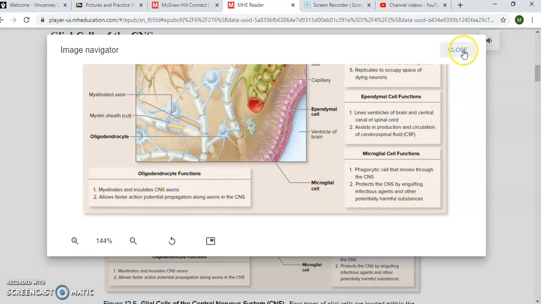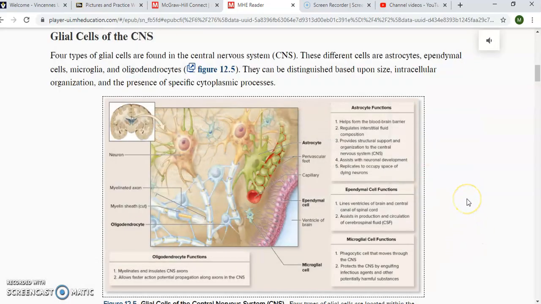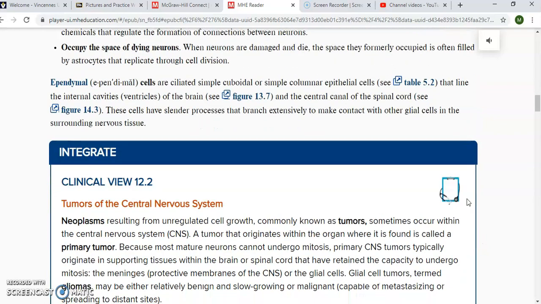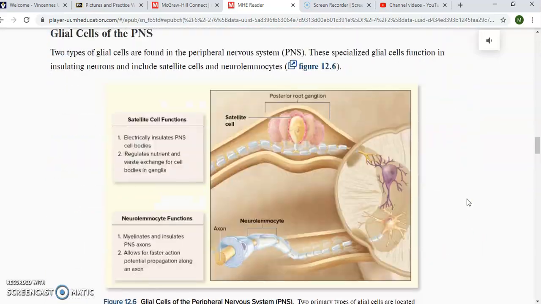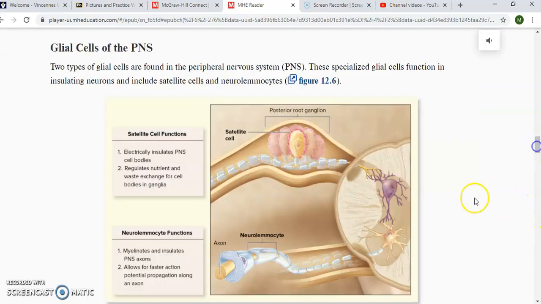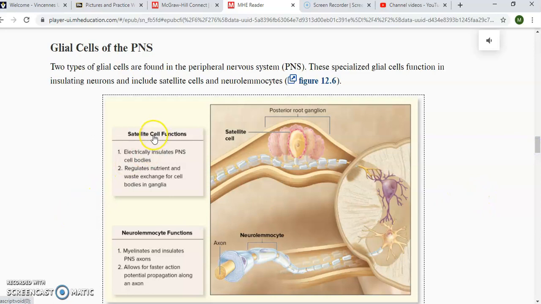Okay, so I think we have time in this video to slide down and talk about the glial cells of the peripheral nervous system. There's only 2, and they are called satellite cells, and then neurolemocytes, which we had to learn in lab. I always learn them as Schwann cells, S-C-H-W-A-N-N.